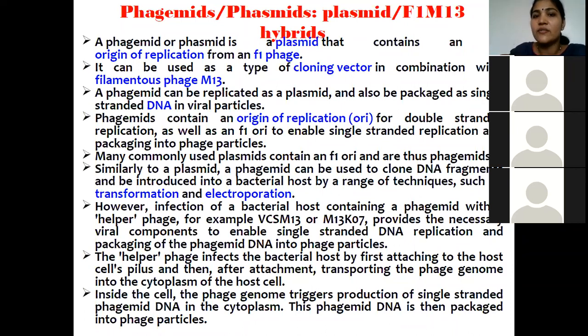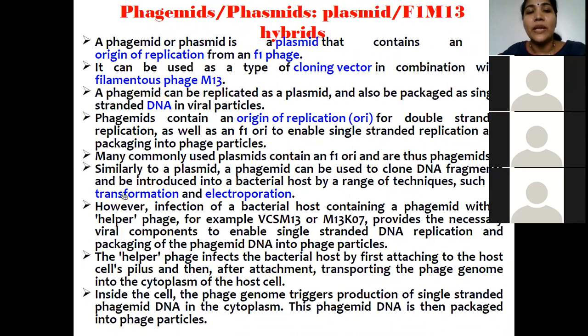Here, they are talking about a plasmid and M13 phage, the M13 vector that we saw just before, with its characteristics along with the plasmid characteristics. It will have the origin of replication for double-stranded DNA, which is the characteristic of the plasmid, and the origin of replication for single-stranded DNA as well, which is the characteristic of M13 phage.